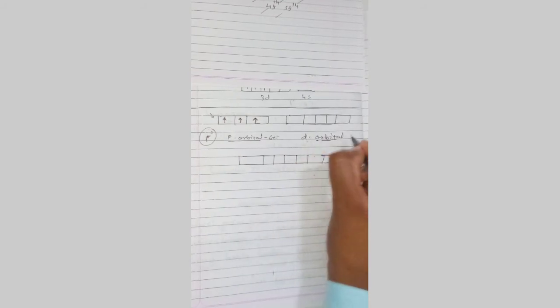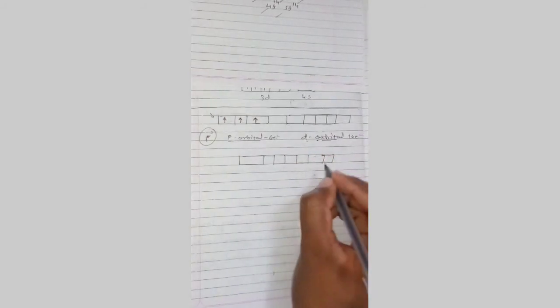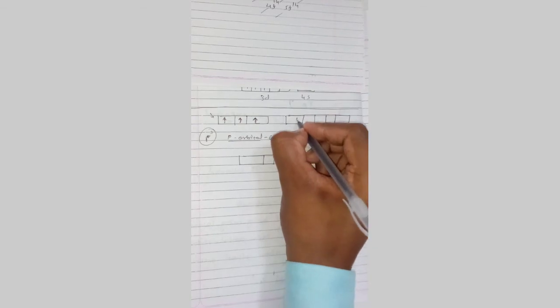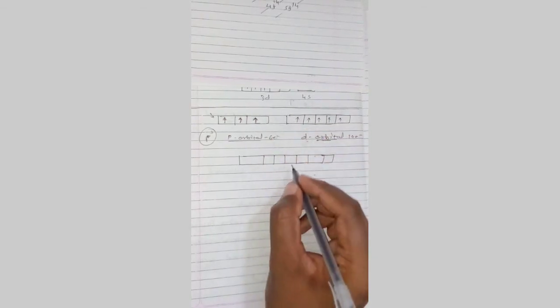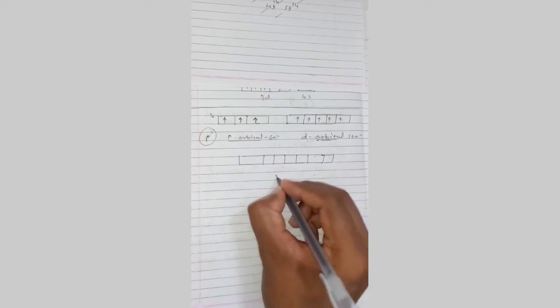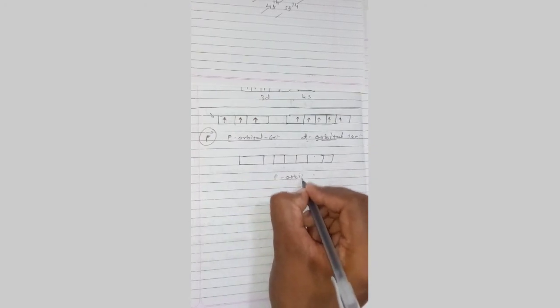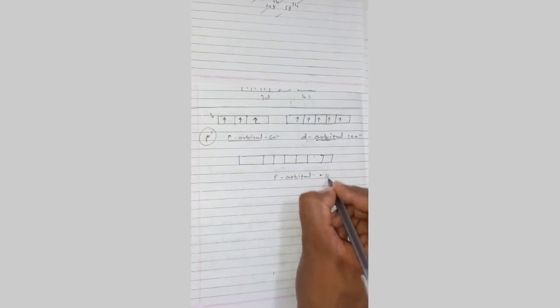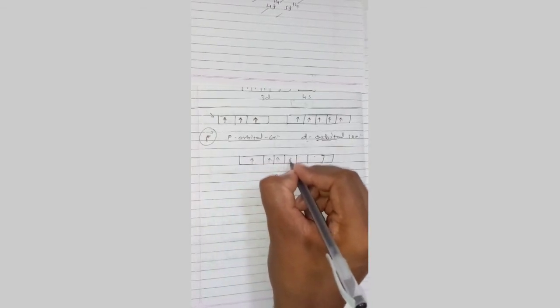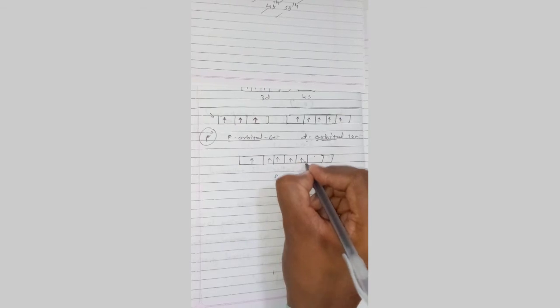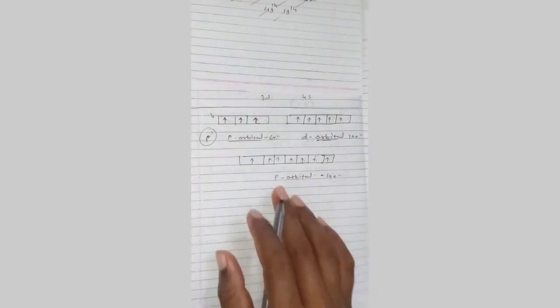The maximum number of electrons in a d orbital is 10, but in the case of 5 electrons, and for an f orbital 14 electrons, and 5, 6 and 7 electrons, it is said to be a half filled orbital.